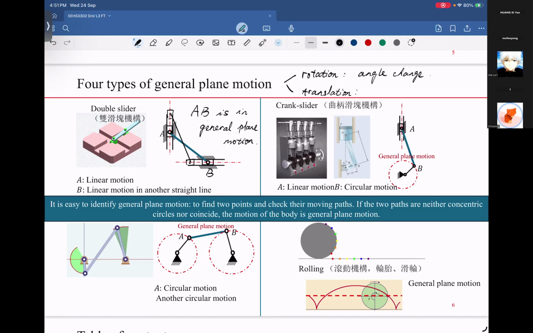There is an angle change, but not a pure rotation, and we take it as a general plane motion.